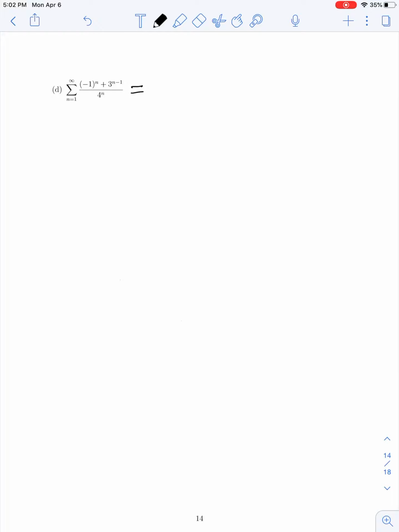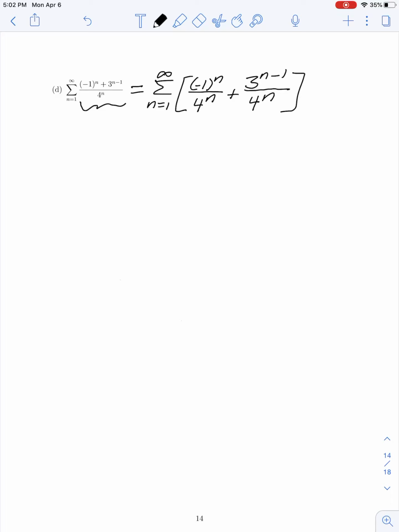Here we have a sum of terms where the expression for our nth term is the sum of two fractions. So we could first think about splitting that sum as -1 to the nth over 4 to the nth plus 3 to the n minus 1 over 4 to the nth.